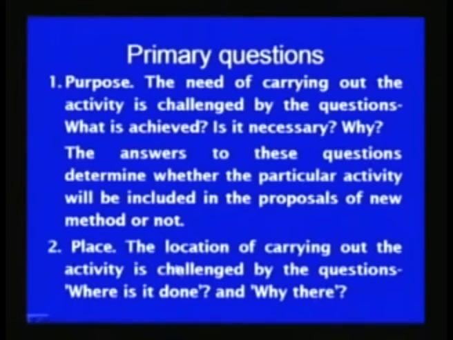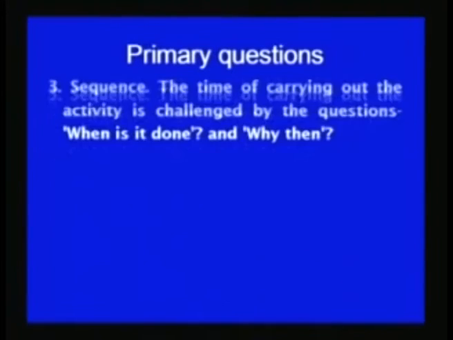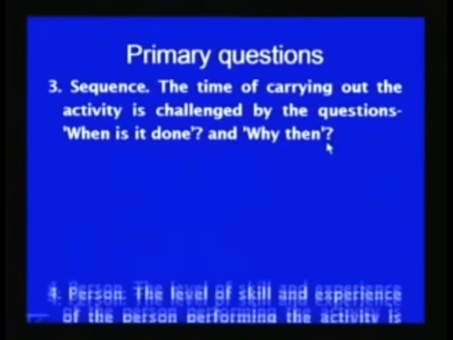The place, the location of carrying out the activity, is challenged by questioning where is it done and why there. Regarding the sequence, the time of carrying out the activity is challenged by the question when is it done and why then.